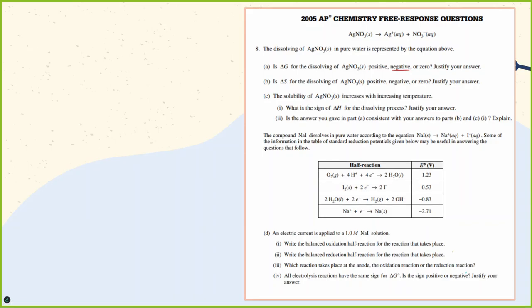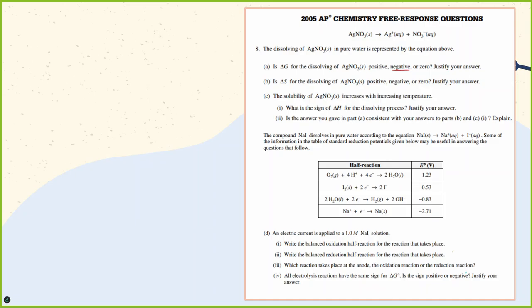And you would state that since nitrate is soluble under all conditions and this dissolution spontaneously occurs, therefore delta G must be negative. You can't argue in terms of the entropy change, because you can't do that unless you know the enthalpy too, and we don't have the enthalpy. Okay.